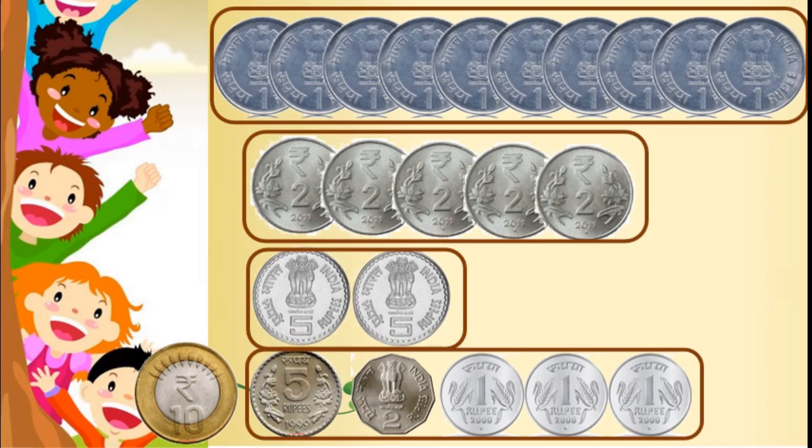Yes, he is also right because 5 plus 2 is 7 plus 3 ones, that is 10. Very good, Meet. Nice. All these 4 students, they are very good in maths. They gave me the proper change for rupees 10. Claps for these children.